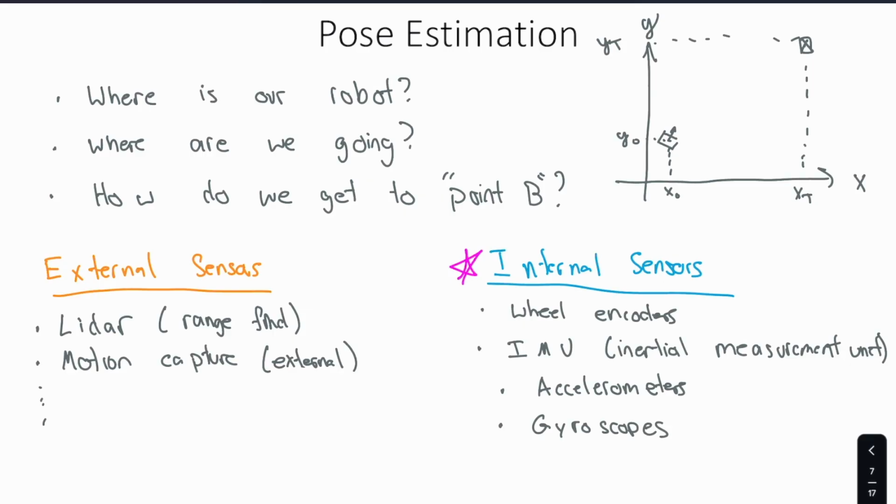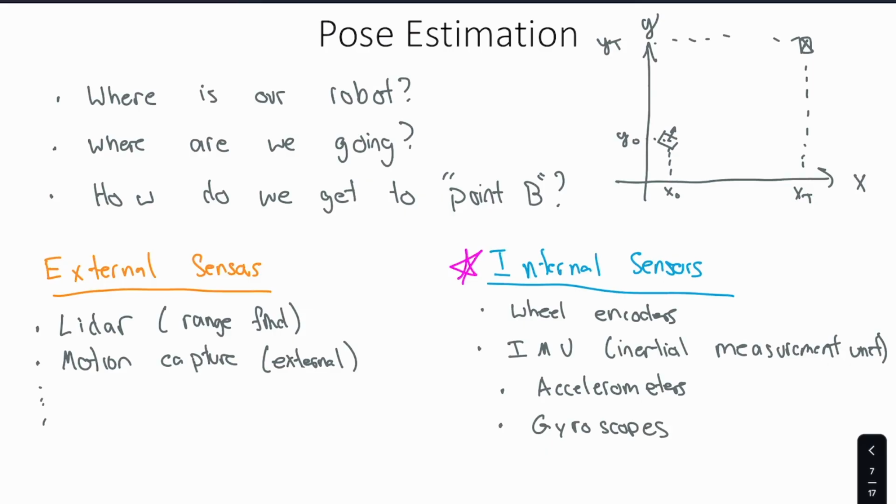These accelerations and angular accelerations can be integrated over time to get velocities, which can be integrated again to get our positions. That information is extremely noisy, as we'll see in a couple of weeks, so we don't want to rely on either one of these by themselves. But combining the two with a filtering process, which again we'll talk about soon, will actually work quite well for getting us good pose estimates. They work as a nice odometry system.